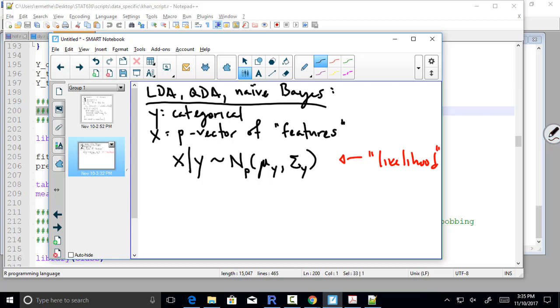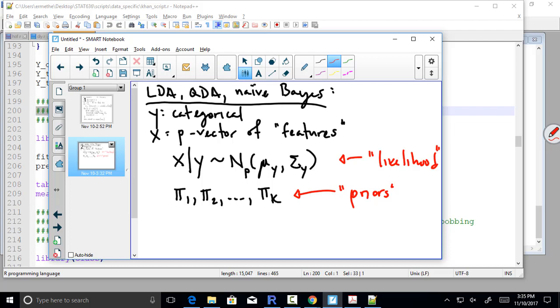If we also specify what we'll call prior probabilities, these are without considering the input variables or the features.